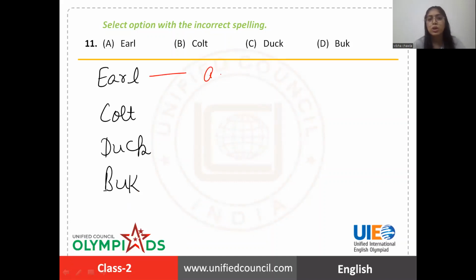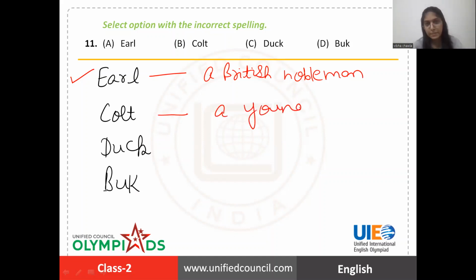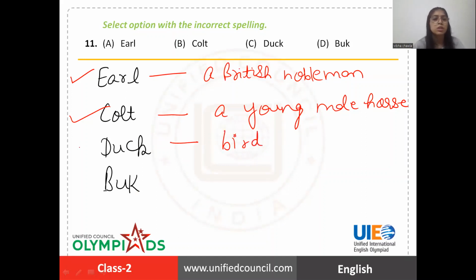Earl, I told you, is a British nobleman of high rank. This time we have to look at spelling. It is correct spelling. Colt is a young male horse. Correct spelling. Duck is the name of a bird. It is also correct in spelling, but this is incorrect spelling.